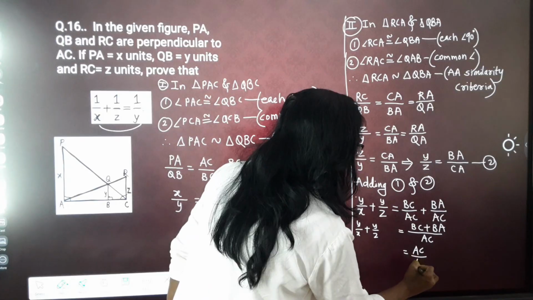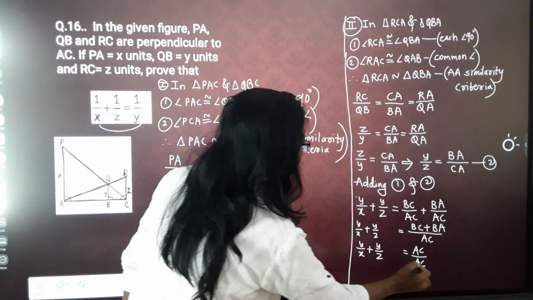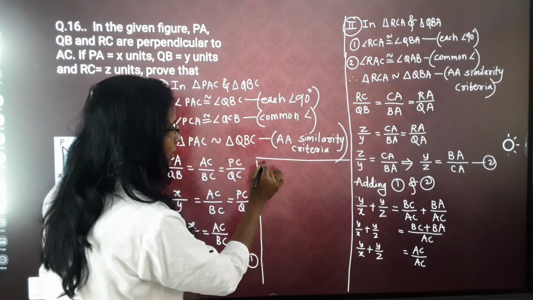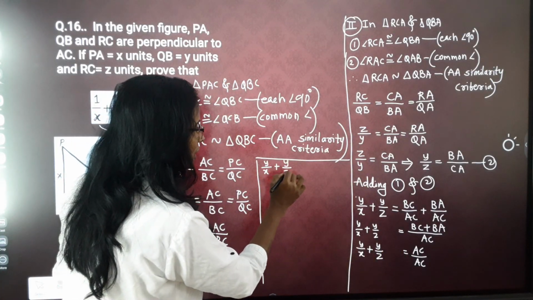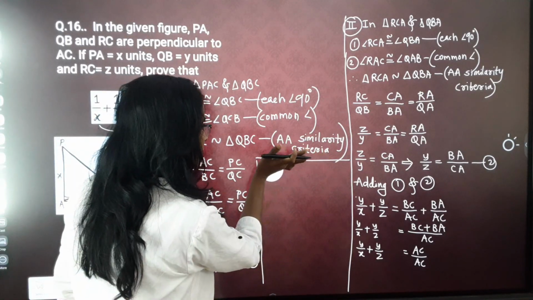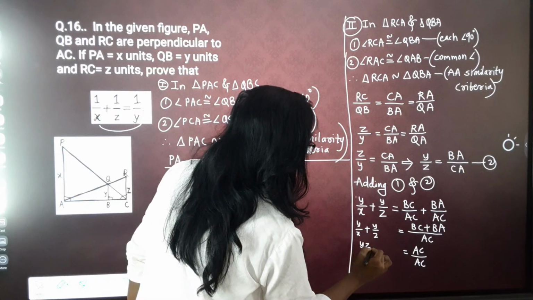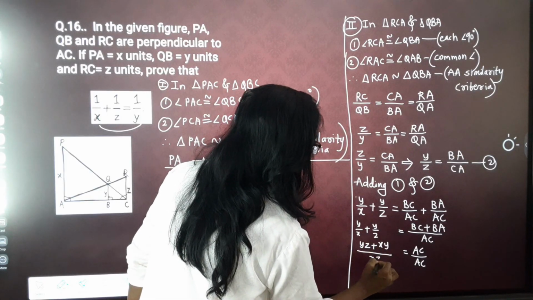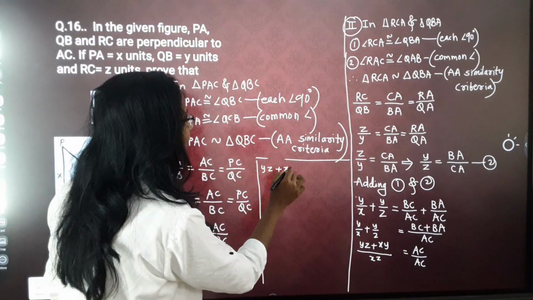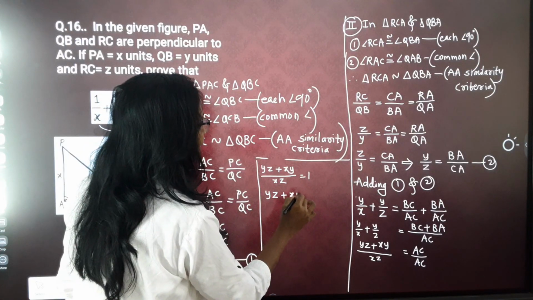So here AC upon AC, that means 1. Before that I write the cross multiplication step: YZ plus XY upon XZ, which is equal to 1. So YZ plus XY is equal to XZ.